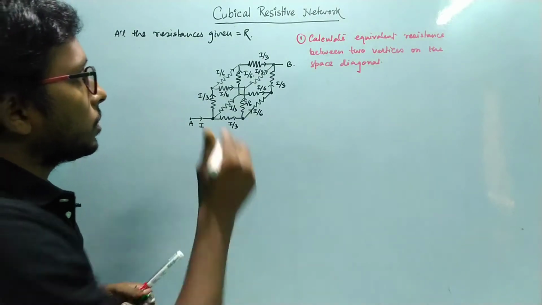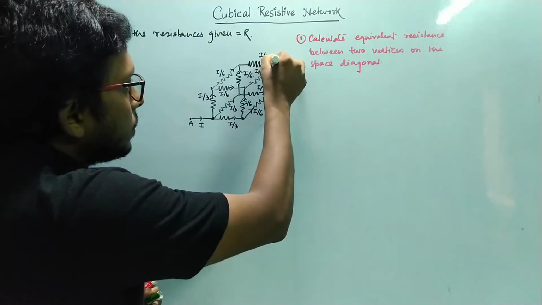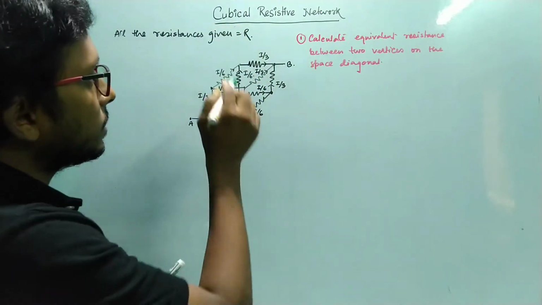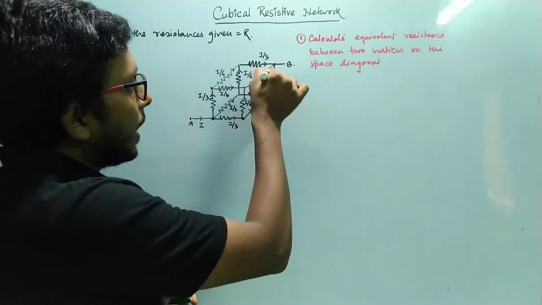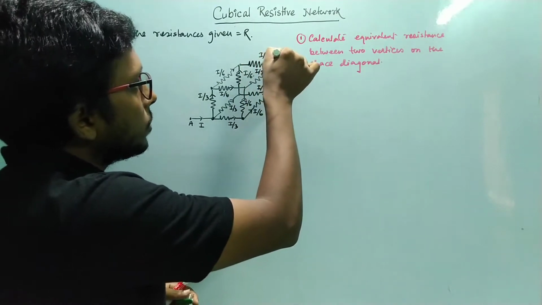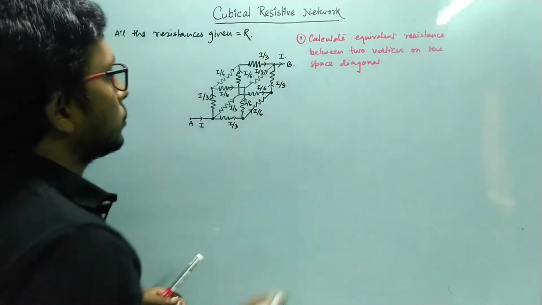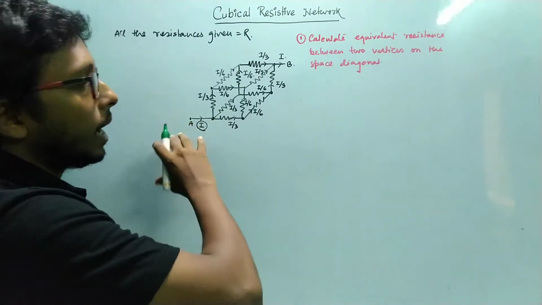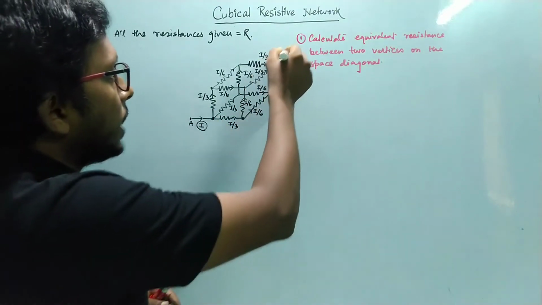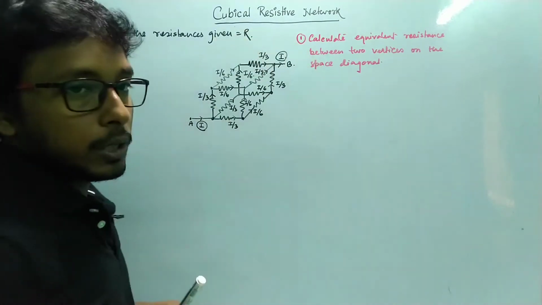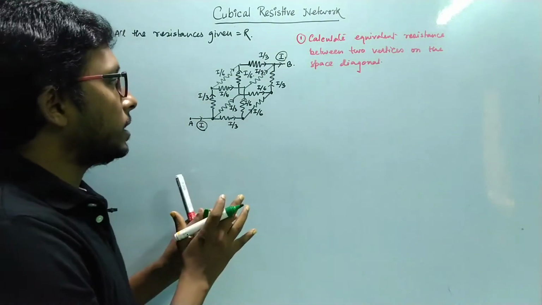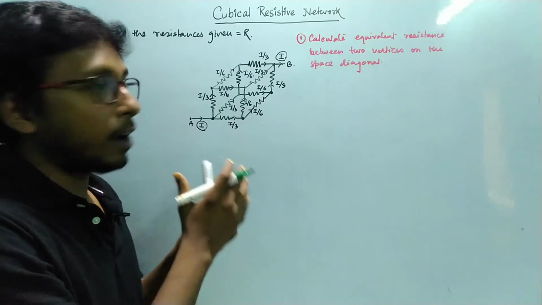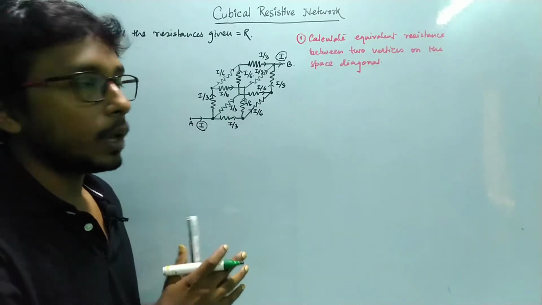Now, if I look at this junction, then this junction will add up 3 I by 3's to give us I. So I send I amount of current through A, and I again get I amount of current on B. So I have divided the currents according to Kirchhoff's current law.